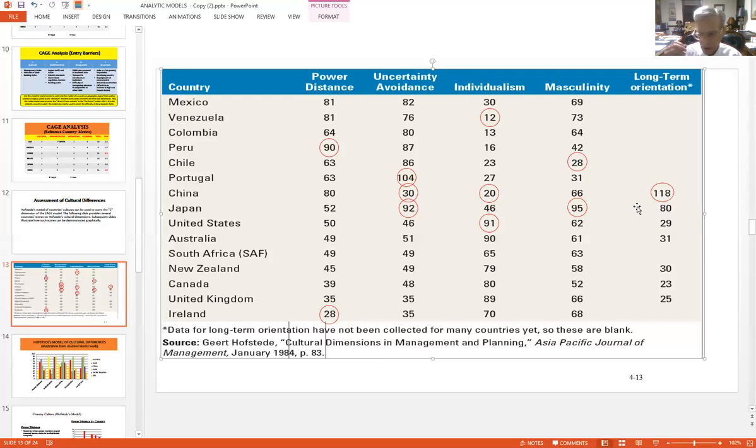They think about what the objectives are and the potential in the long term is. And so you can see that China's rating on long-term orientation is pretty high. Japan's, of course, is also. The Japanese have always taken a long-term view of industry.